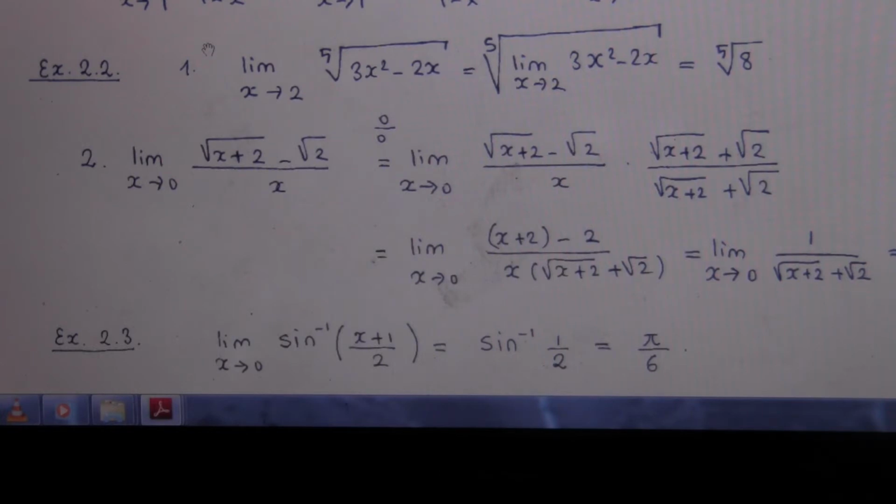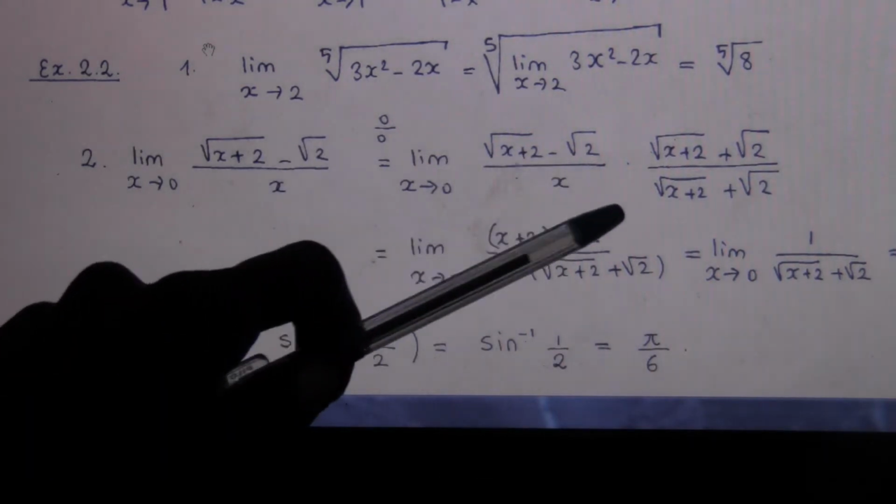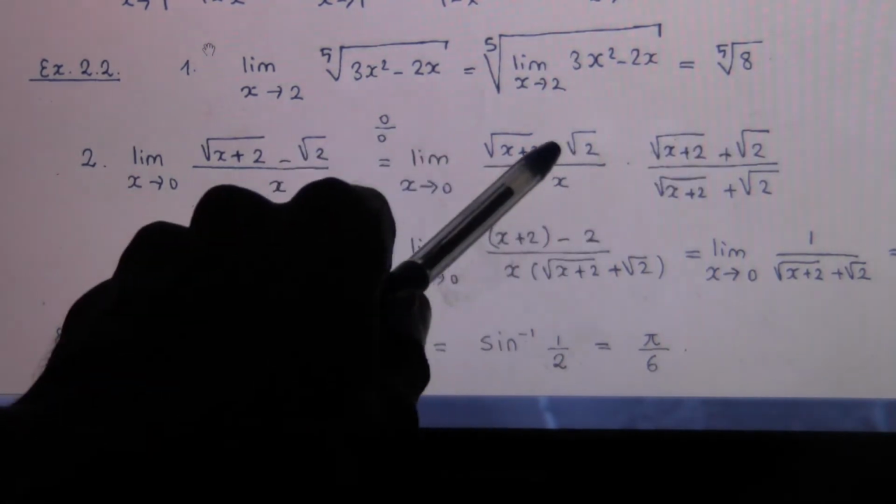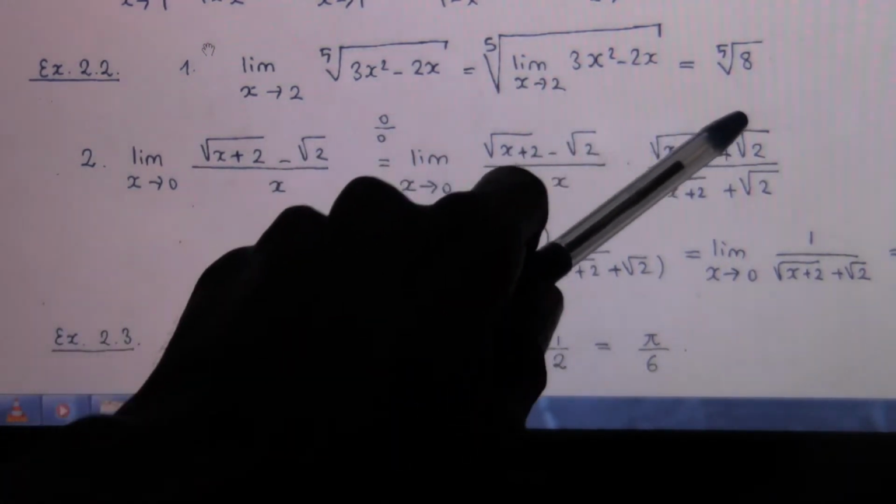There's no way we can factorize x easily in this case, because there's a big square root sign over the x plus 2. So the only way we can is to multiply by the conjugate of it.